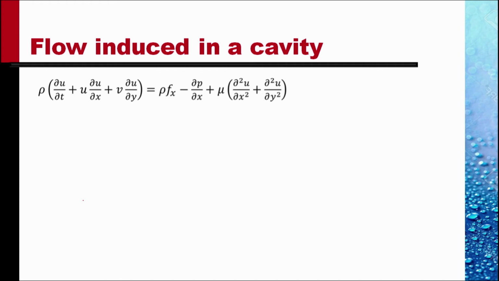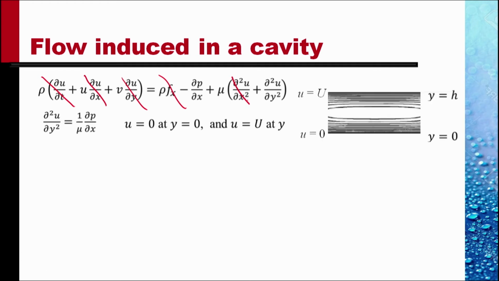In this, again, steady flow, u does not change in the x direction, velocity v is 0, no body force in the x direction. The pressure gradient in the x direction, del p by del x, will remain. Del square u by del x square would be 0, and so the equation would be this.